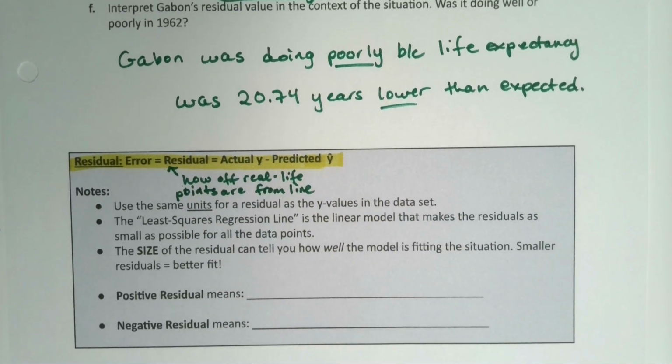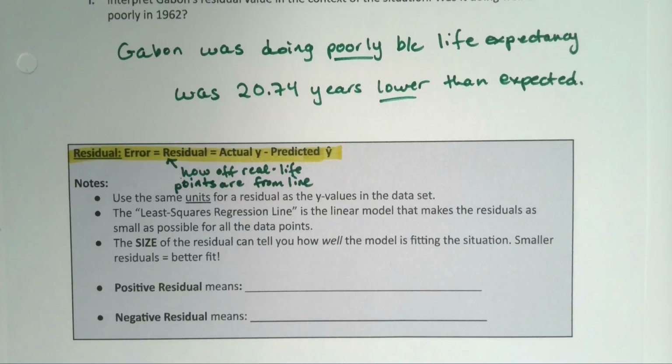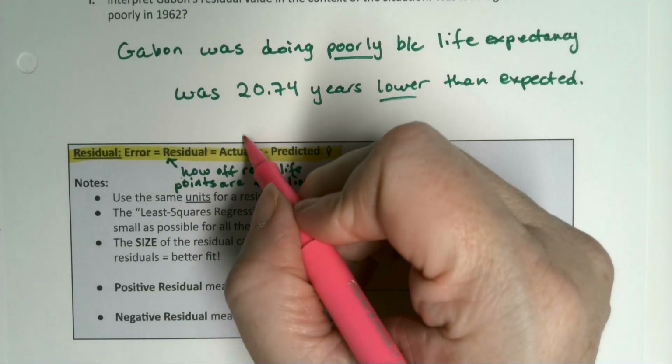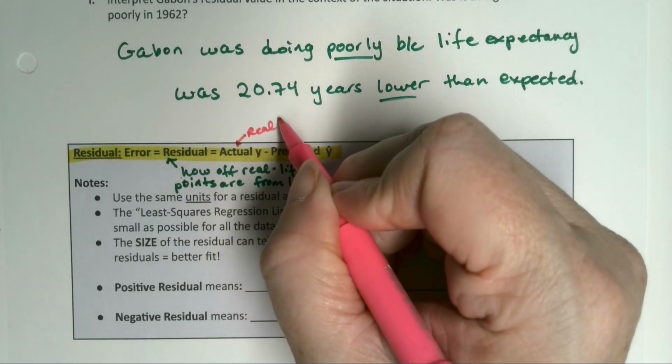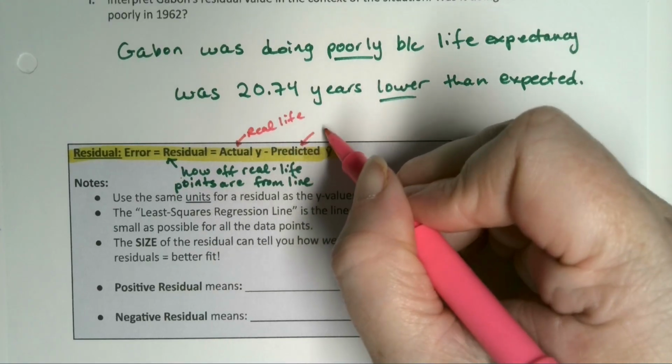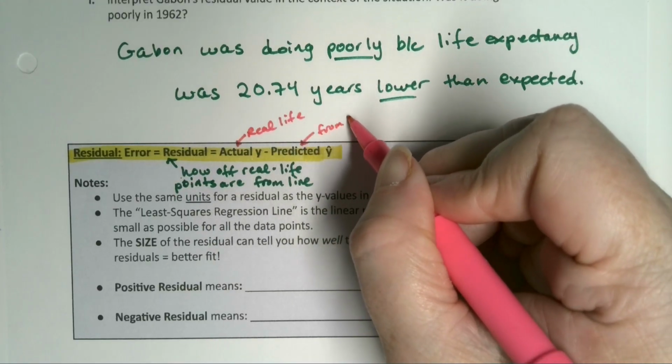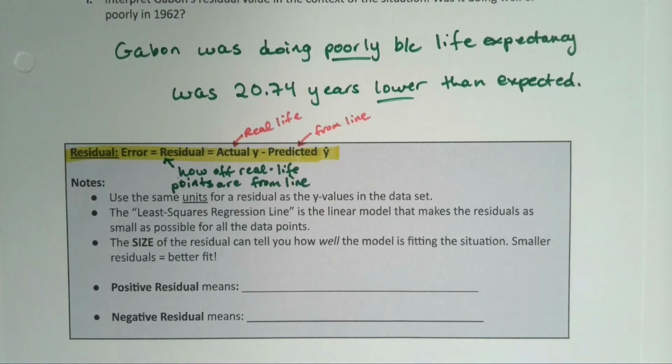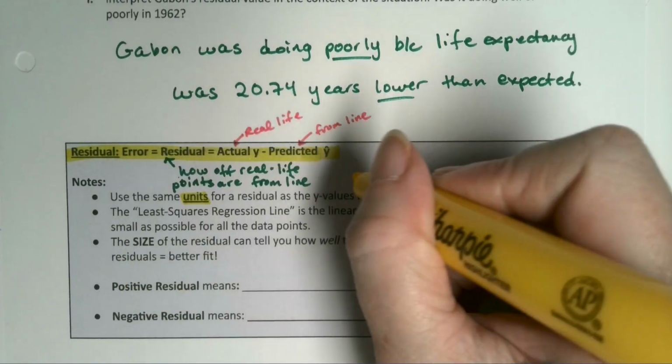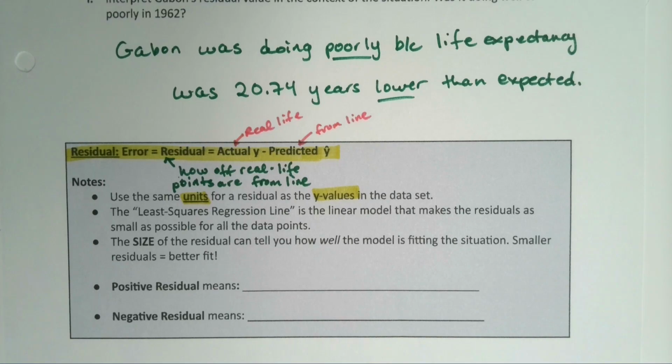The real life is the actual. So if you want to make a note of that, this is real life, and this is the line that we generally find or is given to us in the problem. It has the same units as the y variable.